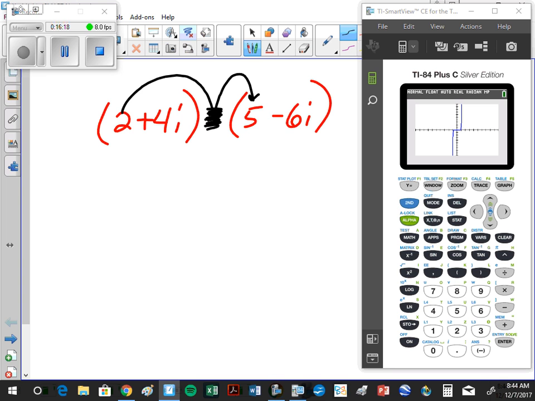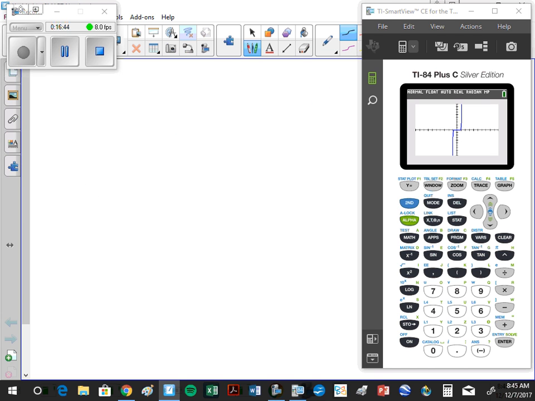What happens when I move a negative from the outside to the inside? Everything on the inside changes. So that would be minus, and this would become a plus. So 2 minus 5 would be negative 3, and 4 plus 6 would be 10i. Does that make sense? Okay.